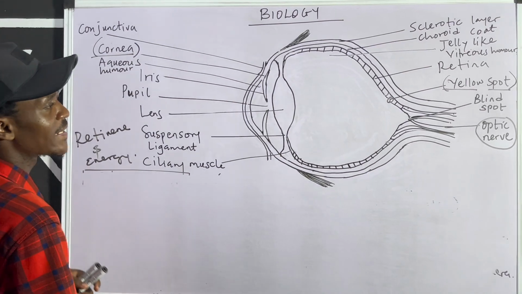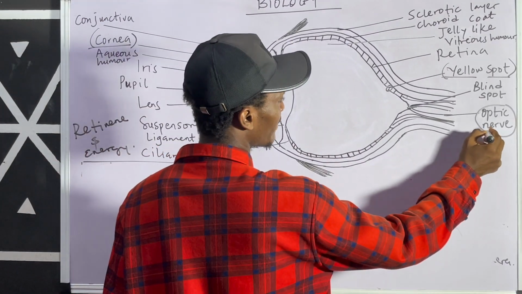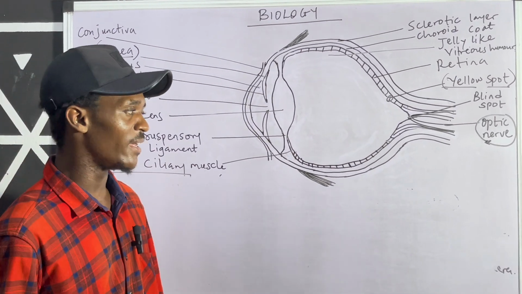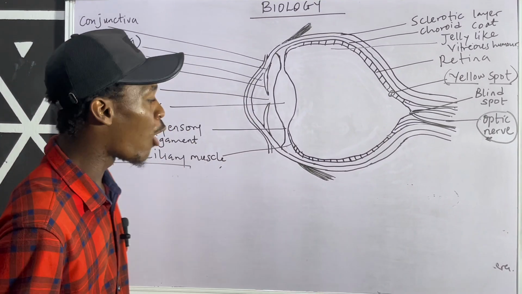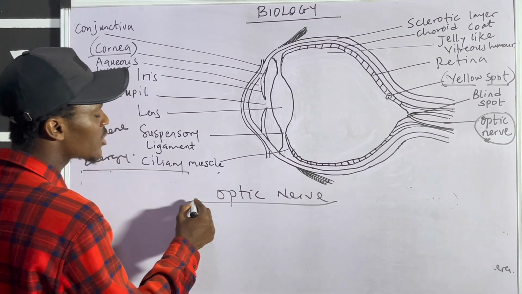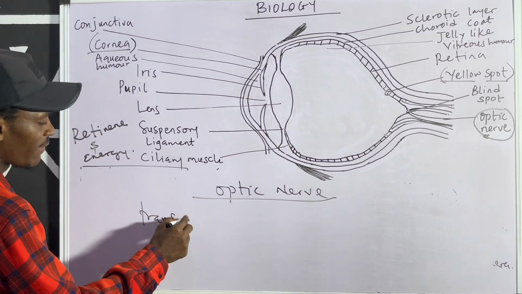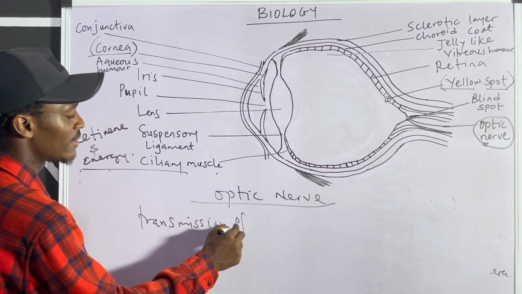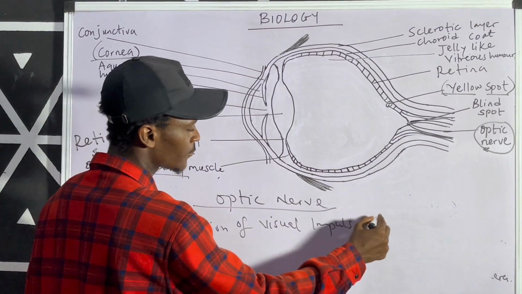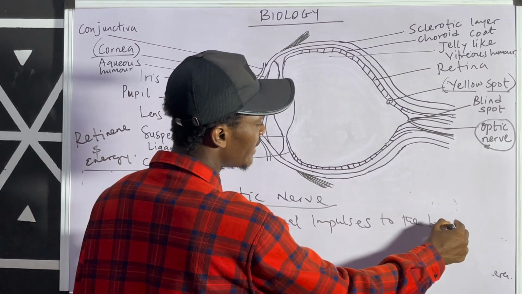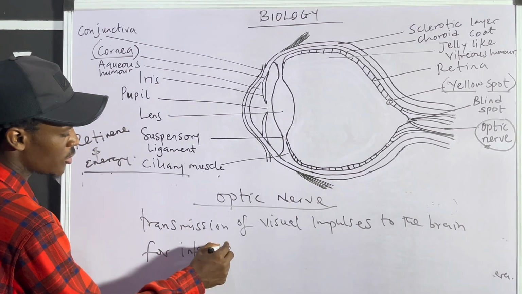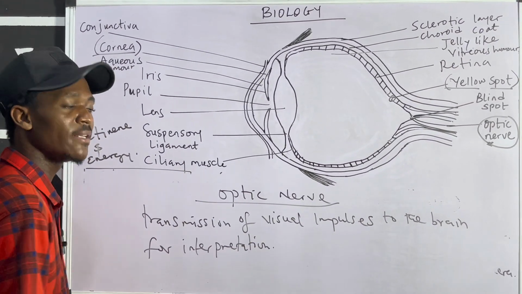Now, looking at this part, the optic nerve, that I said perforates the back part of what? The sclerotic layer. Then what is the function of the optic nerve? The optic nerve functions in the transmission of visual impulses to the brain for interpretation.